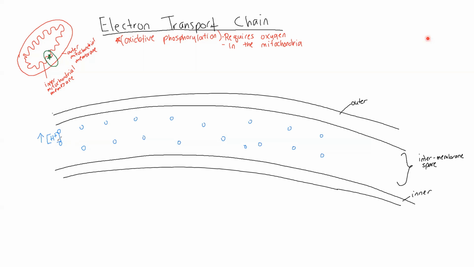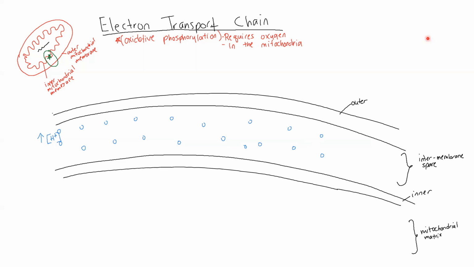Okay, and let's contrast that with the actual mitochondrial matrix. All right, so let's label this space out here. This is going to be considered the mitochondrial matrix, which is in here, right? So this central space. So this is the mitochondrial matrix.